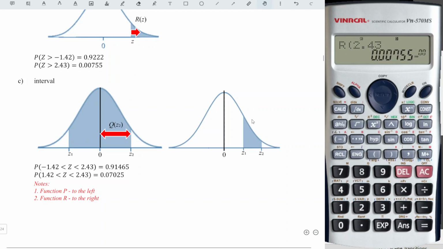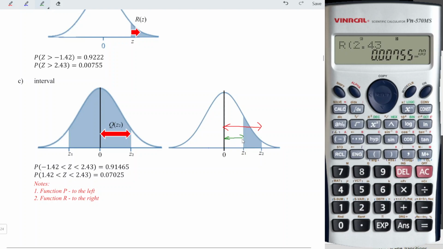However, let's say we are given a region that does not include the point 0, then we have to be careful. If we want to take QZ2, we will take the region from 0 to Z2, which is here. Then if we take QZ1, we will obtain the region here.